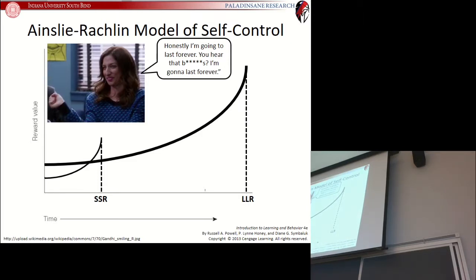She was putting that characteristic of herself on the line. She was committing that to this diet. And what she thought would occur was that the value of the smaller sooner reward, that hoagie, minus the value that she puts on her say-do correspondence would put it below the larger later reward.